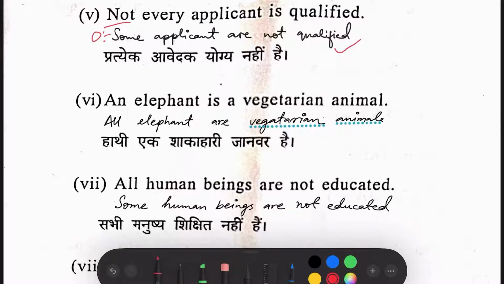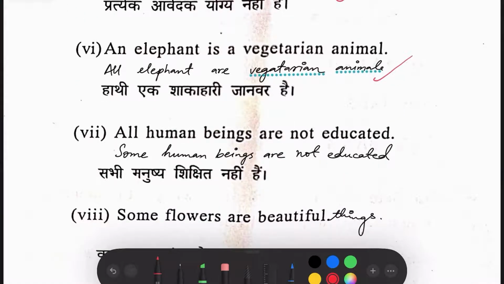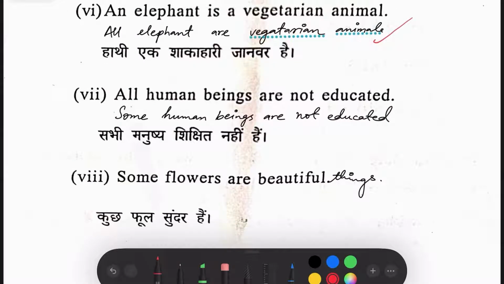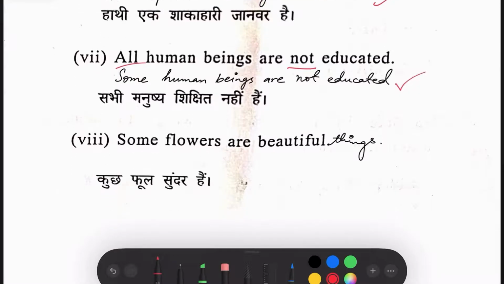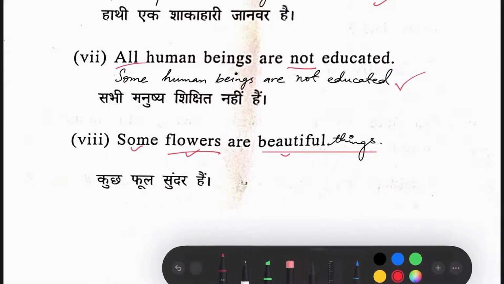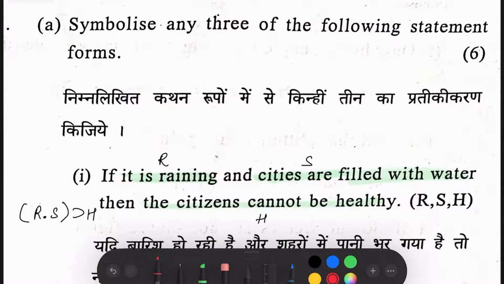So all elephants are vegetarian animals. So all human beings are not educated. So when 'all' and 'not' are together, it will change into an O proposition. Next, some flowers are beautiful. This is in the standard form, flowers, beautiful, but you know that the subject and predicate terms should be nouns. So beautiful things will come.